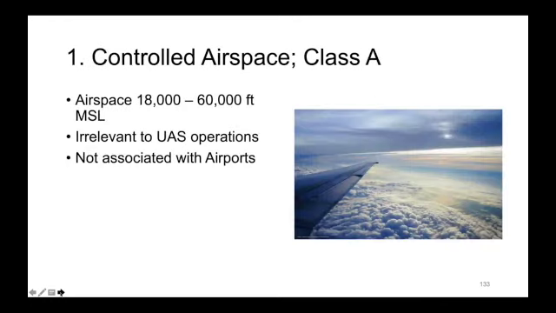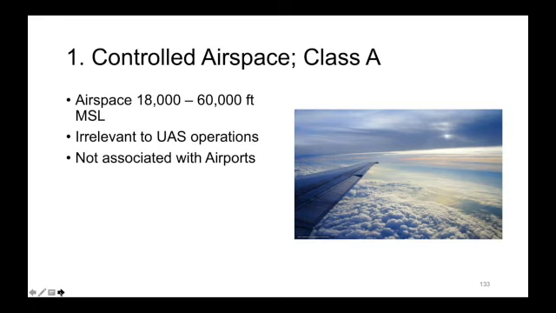So starting at the top, it'd be good to know this information is for your Class A, that starts at 18,000 feet and goes up to 60,000 feet, MSL. That's where all the big boys fly. Usually they're flying from LA to New York, and they're flying over airports at Class B, doesn't matter.